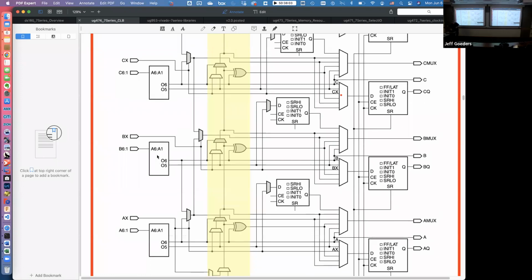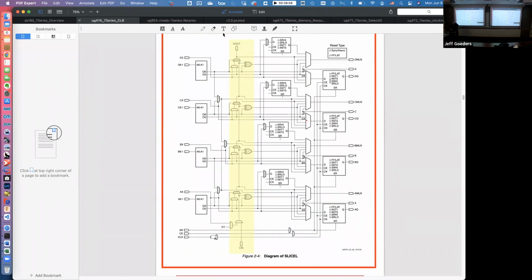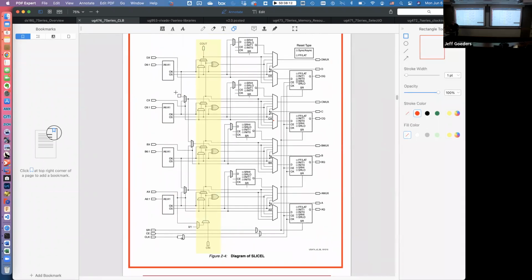The last thing I want to point out is, let me draw a box around it to make them stand out. There are 3 gray muxes that I've just circled in red. Can you see them? Right here? Well, if you remember, Dr. Goders drew a LUT as being built as a tree of muxes, right? Well, look, we have some more tree of muxes.